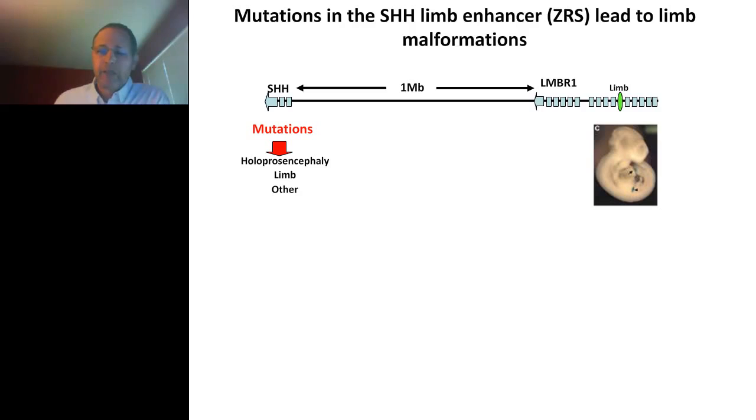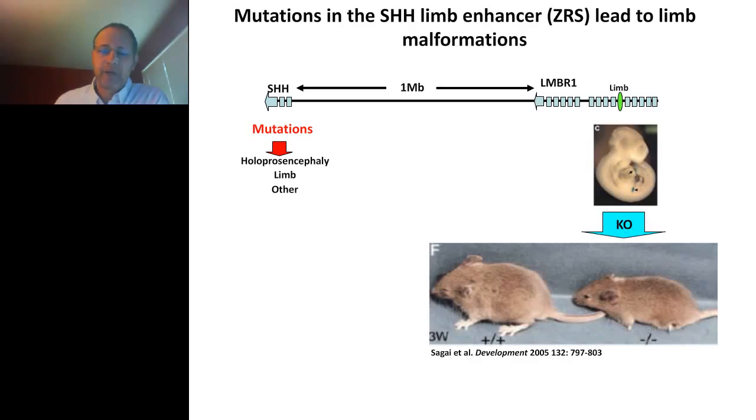If we delete this non-coding sequence in mice, we get mice that have truncated limbs, as you can see here, compared to their wild-type littermates, as you can see on the left of this. So this clearly is an example that a non-coding regulatory element, when you remove it, leads to a functional phenotype, in this case, truncated limbs.